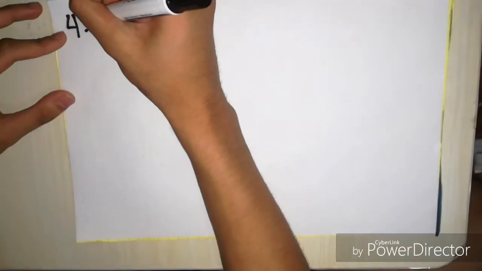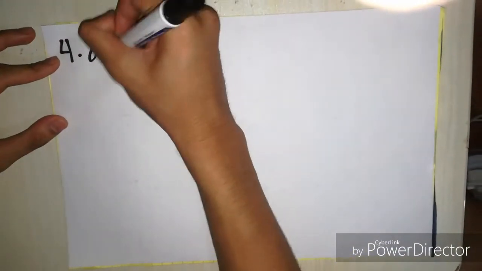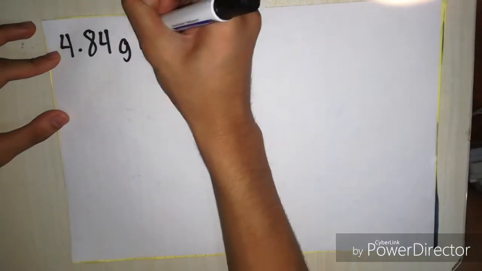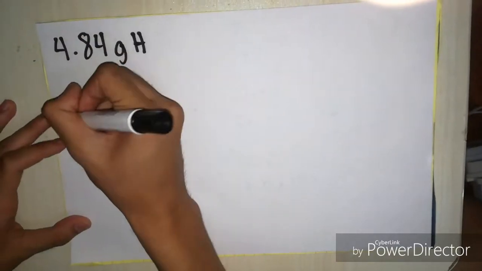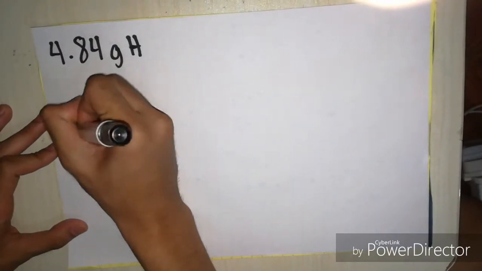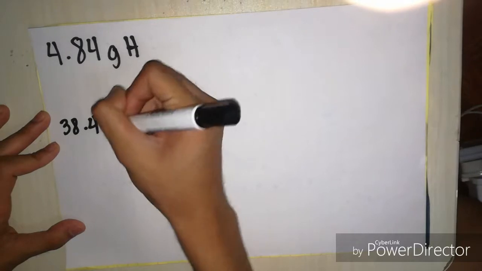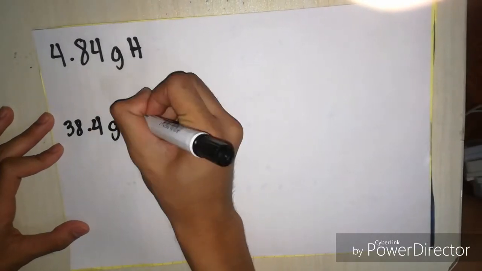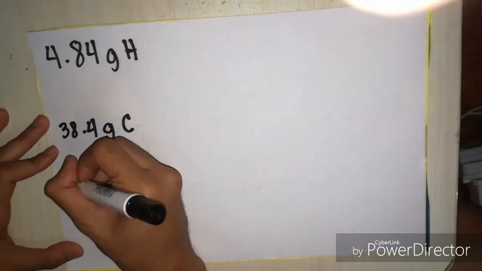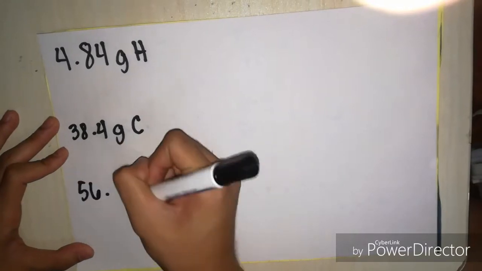First, we'll have 4.84 grams of hydrogen, 38.4 grams of carbon, and 56.7 grams of chlorine.